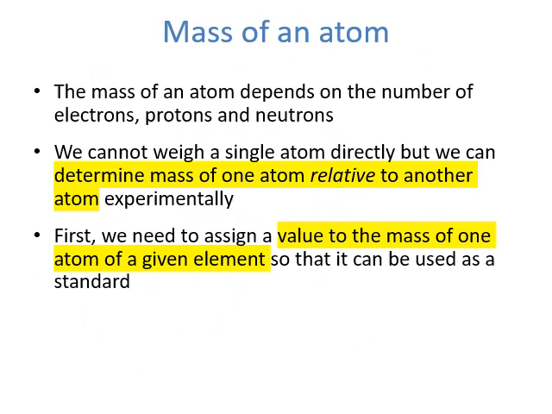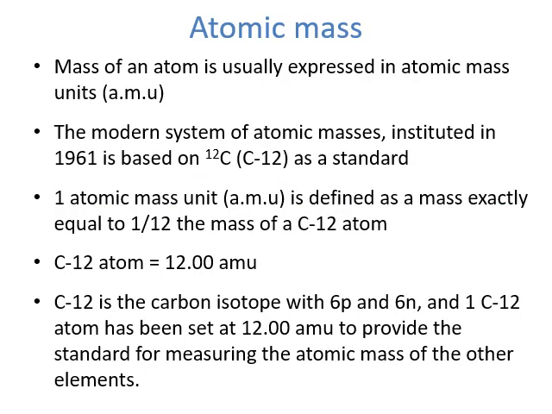Alright, so for the mass of an atom, we cannot weigh a single atom directly, but we can determine the mass based on relative atomic mass. First we need to assign the mass value of one atom of a given element so that it can be used as a standard. Normally the mass of an atom we cannot weigh, but we can express it in atomic mass unit, which is AMU.